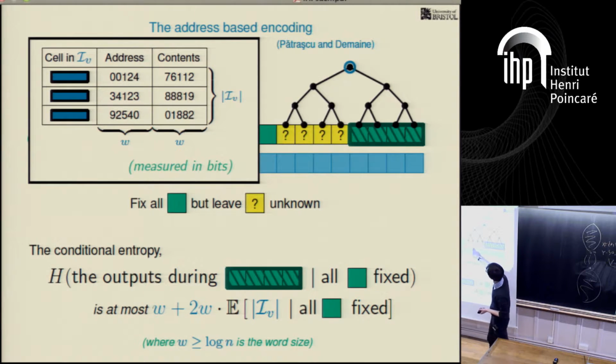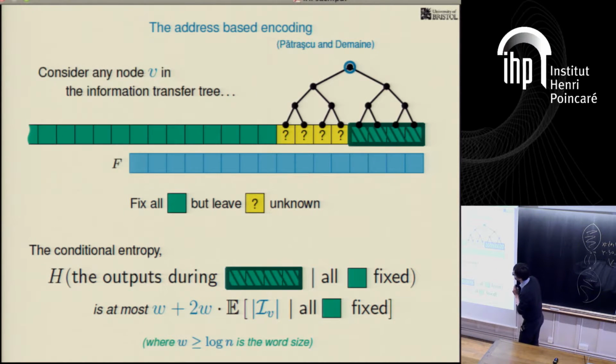So if I need a cell from back here, I can look up whether it exists in the information transfer. If it does, I've got its contents. If it doesn't, then I know it's the same value as whatever value I wrote for it back in the past. So this allows me to spit out all of these answers using only the stuff that's fixed and the stuff I wrote down. So this gives an encoding of these answers, which means it's an upper bound on the entropy.